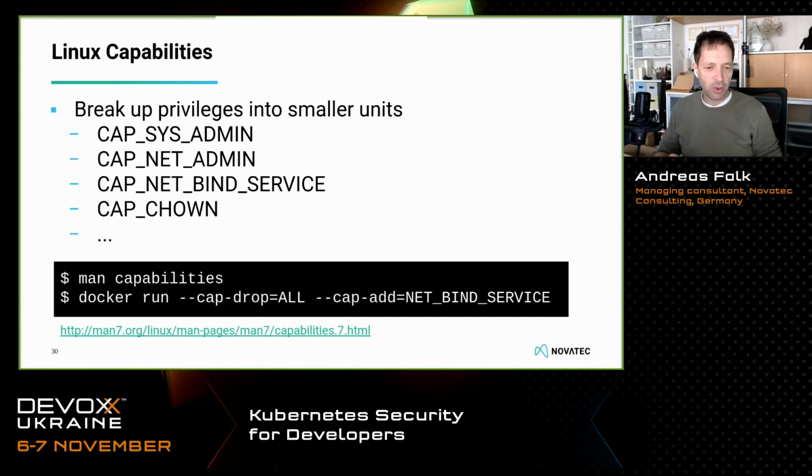Or when running Docker, you can, as you can see here, do a cap drop all to not give any capabilities and then just add a specific capability for net bind service.